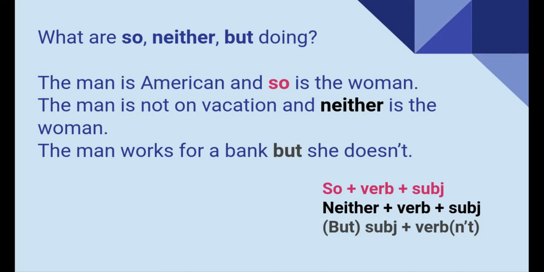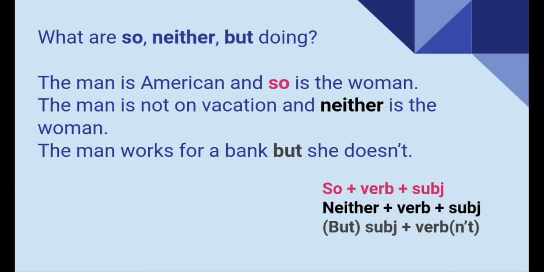So is the woman, so does she, for example. Neither, neither does he, neither is him. And the difference with but is that here we are using the subject and the verb, so we're changing the order.